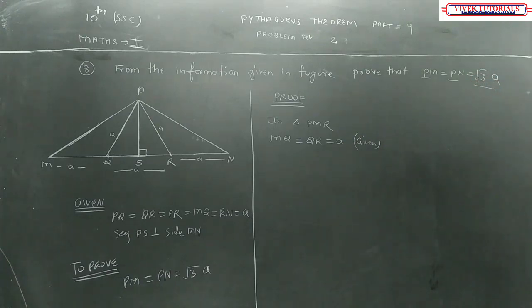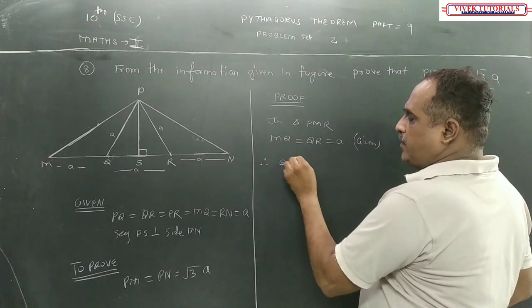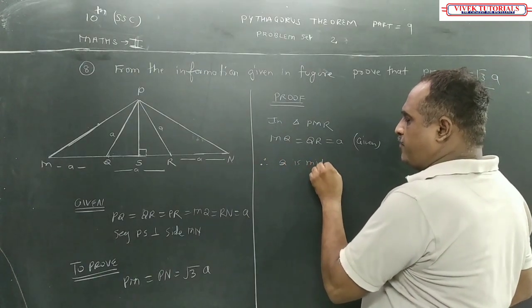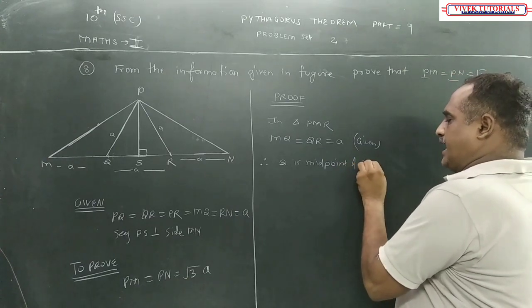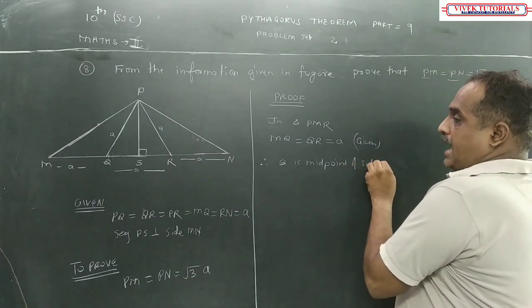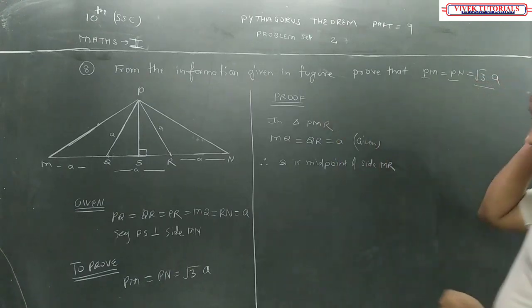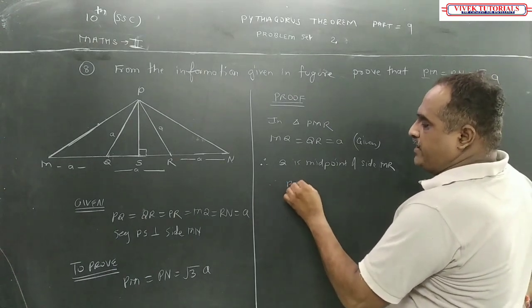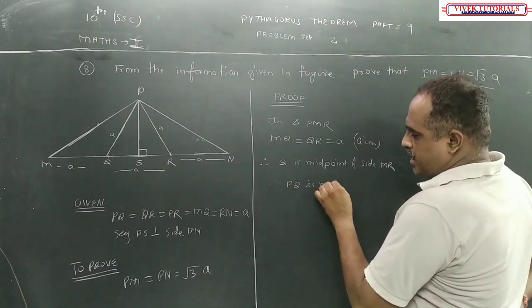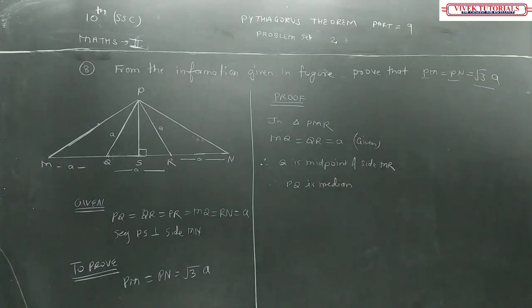Therefore, Q is the midpoint of side MR. Side MR in triangle PMR, so PQ is a median. If it is a median, it means I can apply Apollonius theorem.